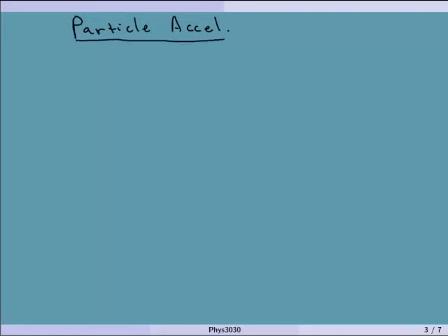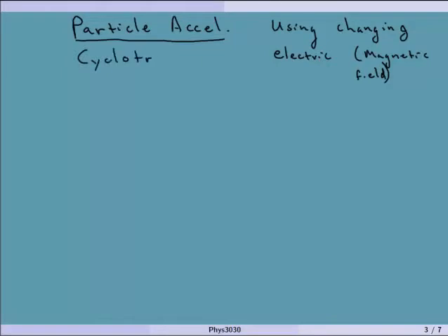And particle accelerators, obviously, hopefully the name implies that you accelerate particles to huge speeds, and you do that by using a changing electric field, or electric field and magnetic field, okay, to pull particles around. Okay, and there are different names and different types of particle accelerators.